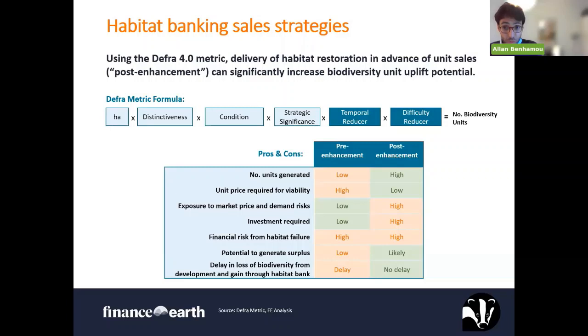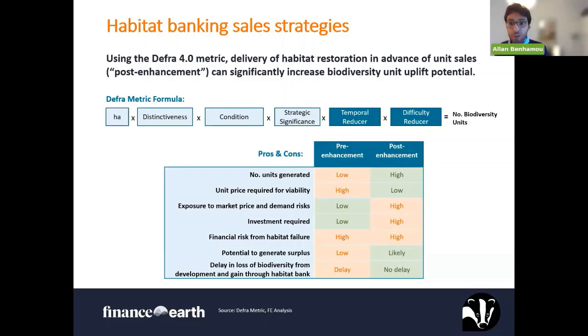While a post-enhancement approach, so selling units after the habitat has reached a target condition, implies that we can possibly generate more units and with possibly a lower break-even unit price, but that also means some other things to consider, because it possibly brings more exposure to market risk and demand risk in the future, and also leads to a higher investment requirement.